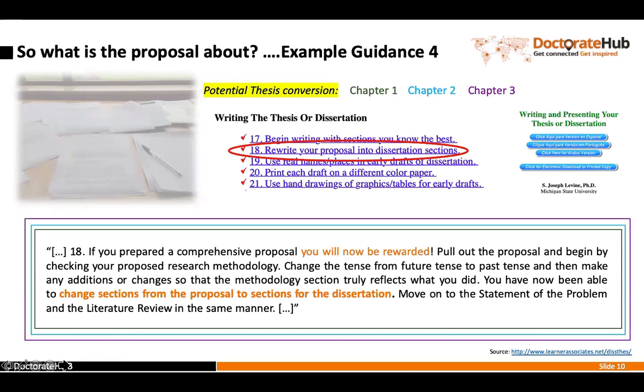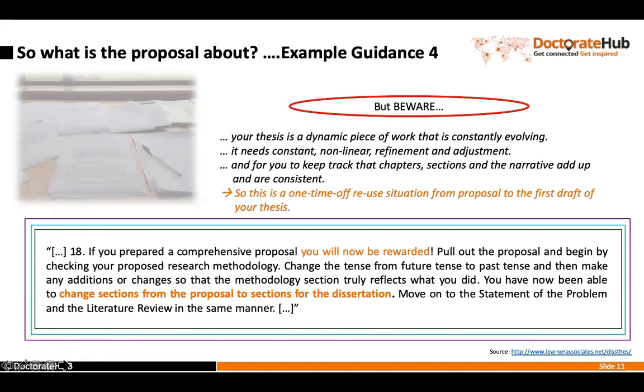And let me continue to the next slide. So this also means then, from thesis proposal towards a thesis draft, it is a one-time reuse situation whereby you flip from what you will be doing towards what you are going to do or are doing or have been doing.